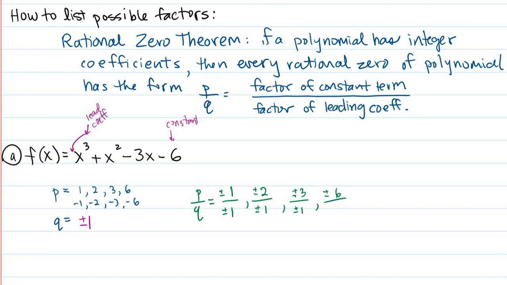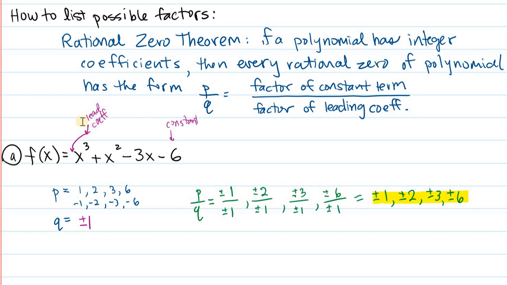And hopefully you are seeing a pattern. Obviously, if the value of Q is just 1, it's going to be easier to find these values because they just end up being plus or minus 1, plus or minus 2, plus or minus 3, and then plus or minus 6. Okay, so we have listed all of the possible factors that could be zeros for our polynomial.